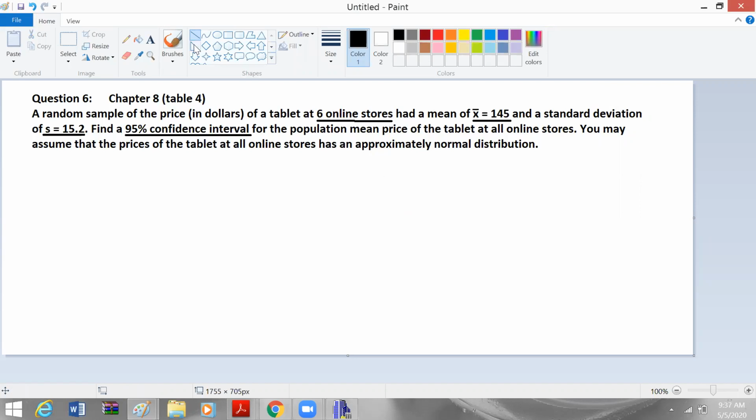So now we need to write down the information, right? n equal to 6. And after that, we need to put down the X bar equal to 145.